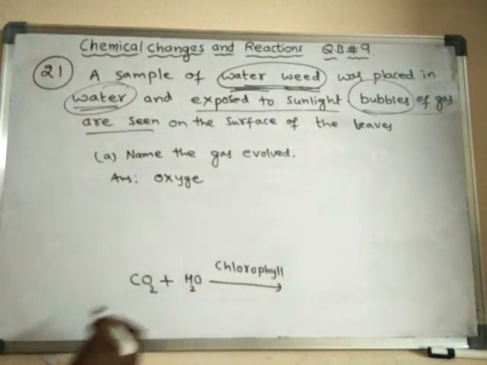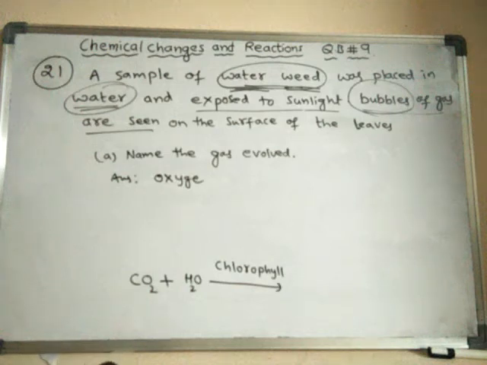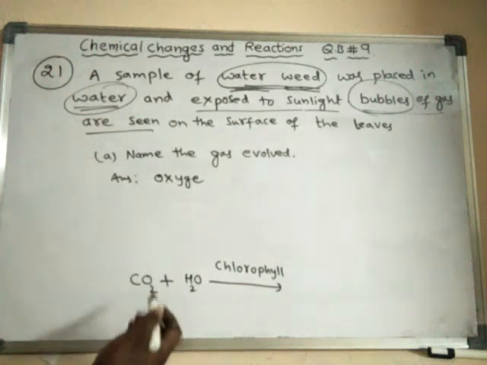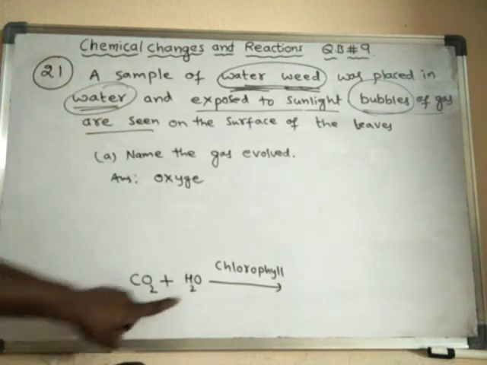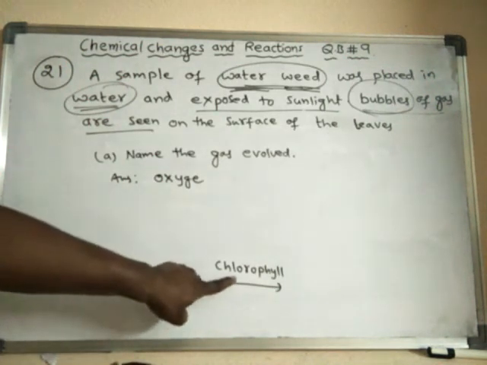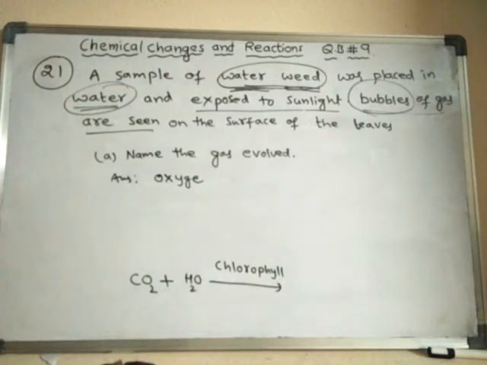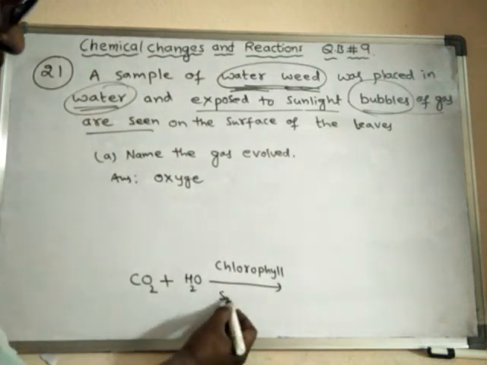This chlorophyll provides a place for these two substances to undergo a chemical reaction. In the presence of chlorophyll and sunlight, they combine chemically.